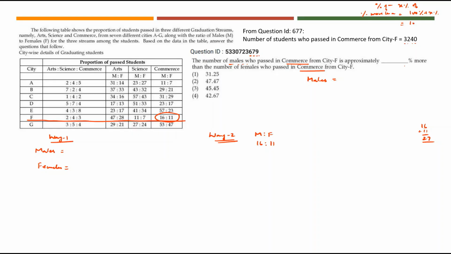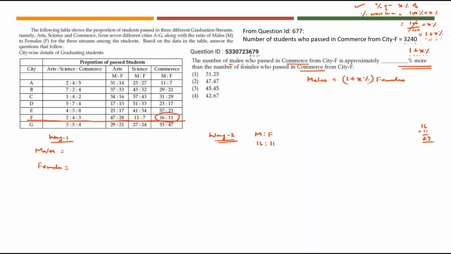This can be taken as 100 by 100 plus X percentage. Overall we can cancel this and say it as 1 plus X percentage. When it is percentage of the, we go with X percent of, that is X percent into the value. But when they say percentage more, you have to use 1 plus X percent. So this is 1 plus X percentage of the number of females who passed in the same commerce stream.